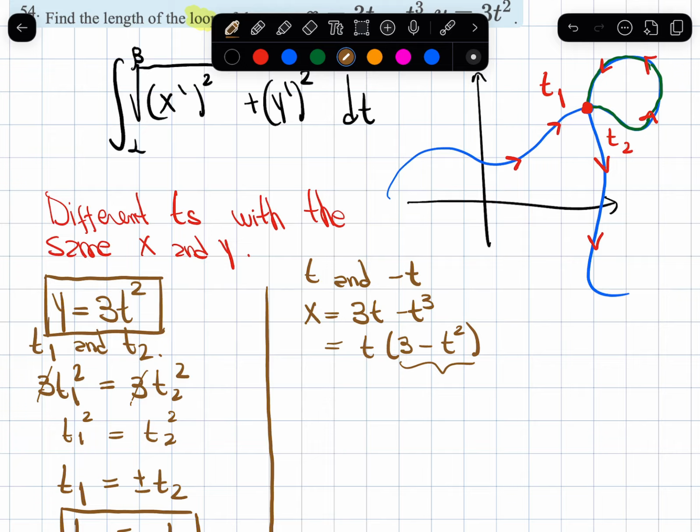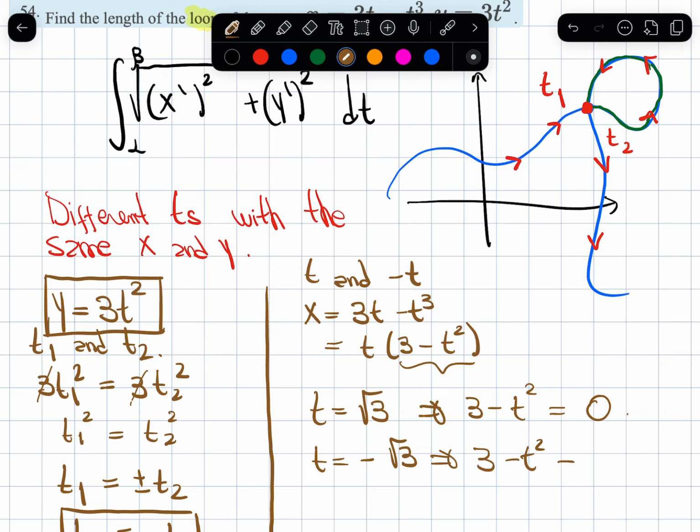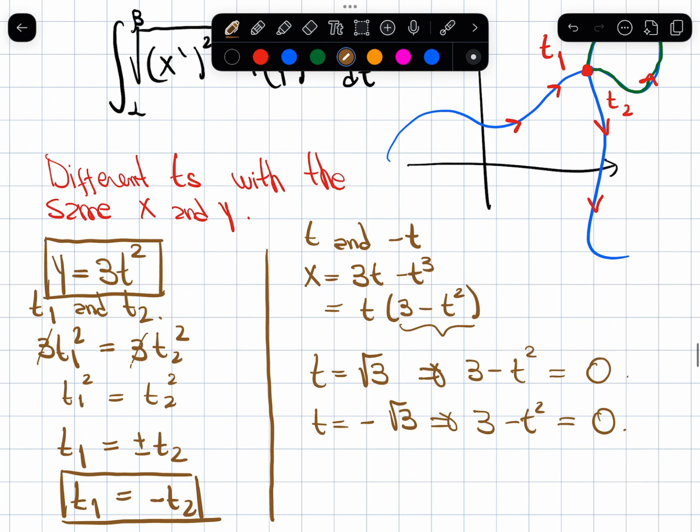I know that if I plug in t equals the square root of 3, 3 minus t squared is going to be 0. But then if t is also the negative square root of 3, then 3 minus t squared is also going to be 0. So I have found two t values that when I plug in, I have x equals 0 for both of them.